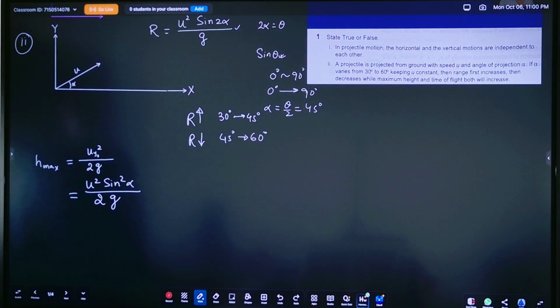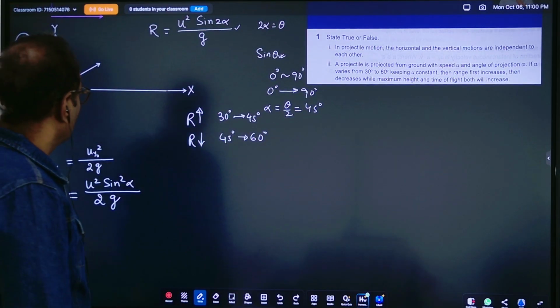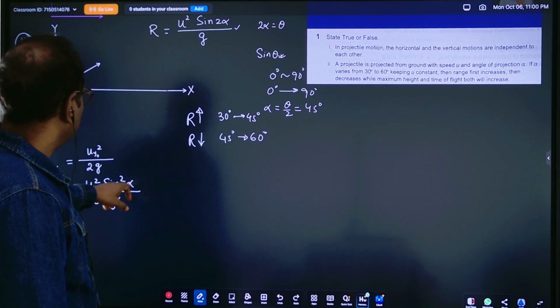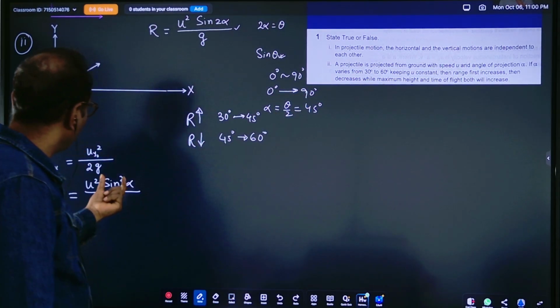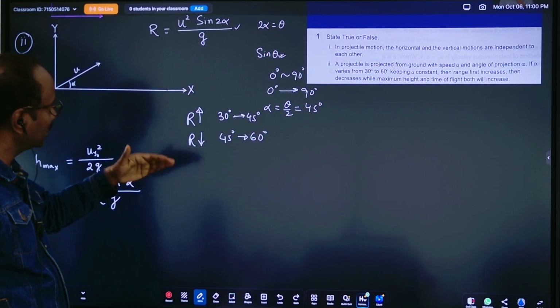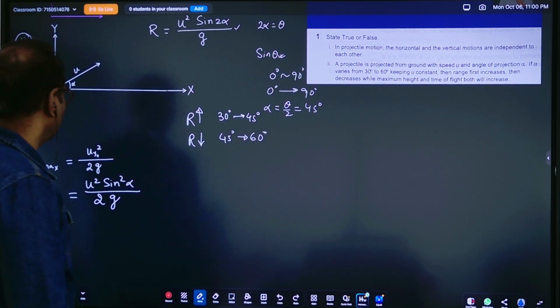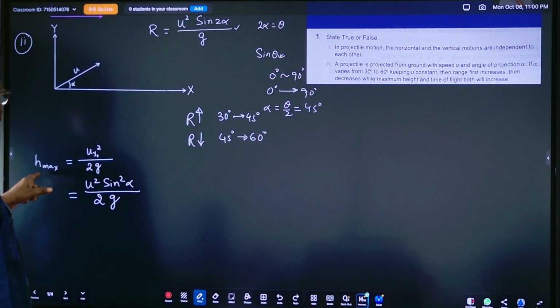U square sine square alpha by 2g. So alpha is changing from 30 to 60 degrees. So the value of sine square alpha will keep on increasing from 30 to 60 degrees. So therefore H max will keep on increasing.